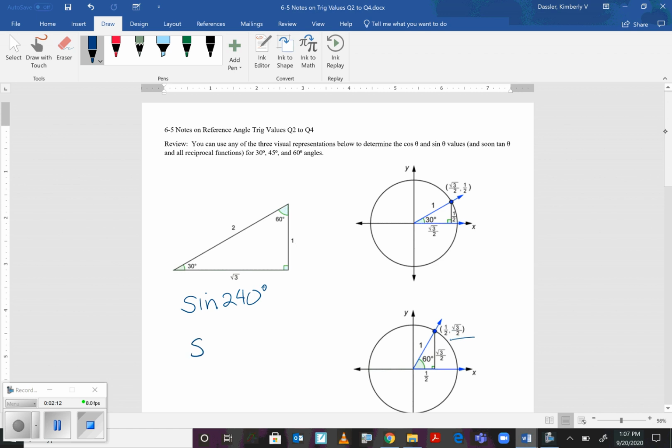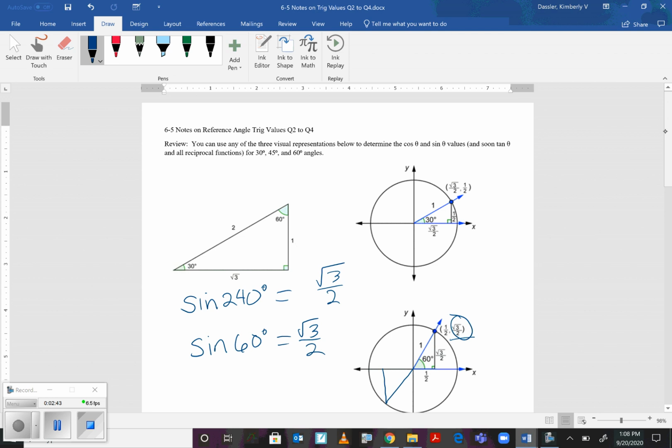So if I know that the sine of 60 degrees, or pi thirds, is root 3 over 2, and I know that either by looking at the unit circle or using the opposite over the hypotenuse for a 60-degree angle, then I should be able to figure out that the sine value for 240 is also root 3 over 2. However, it's over here in the third quadrant.